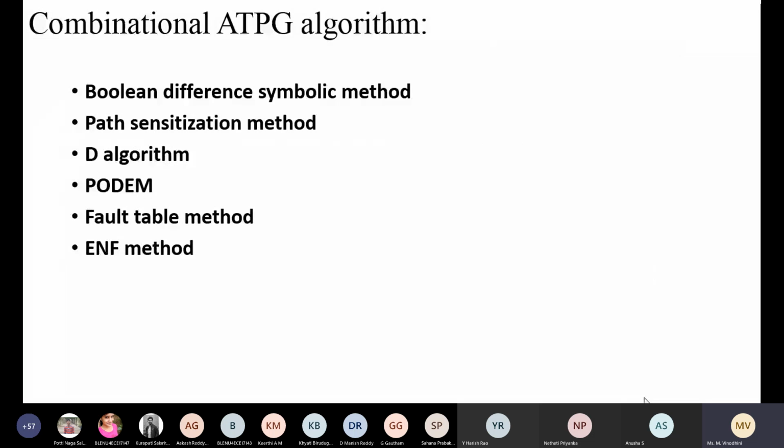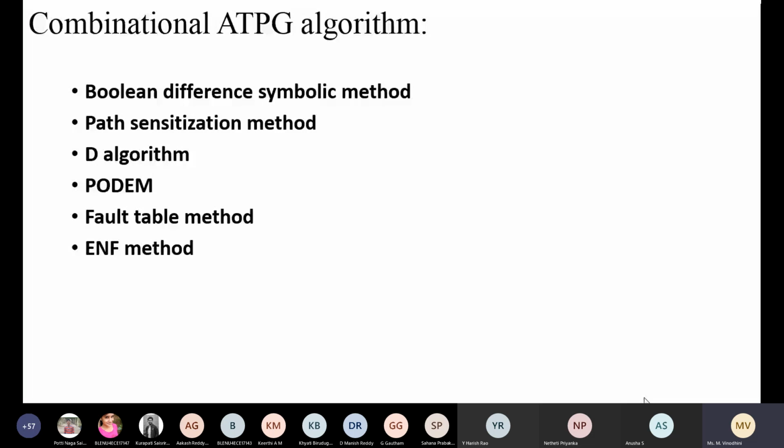There are totally 6 ATPG algorithms: Boolean difference symbolic method, path sensitization method, D algorithm, PODEM, fault table method, and ENF method. These are the 6 ATPG algorithms used to generate the test vector for any given combinational circuit with a fault specified in it. Clear? Now we need to discuss all these algorithms one by one.